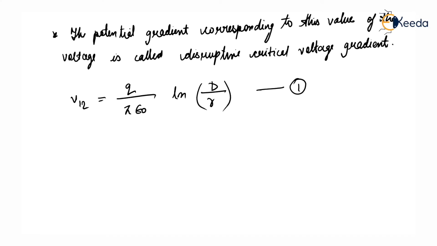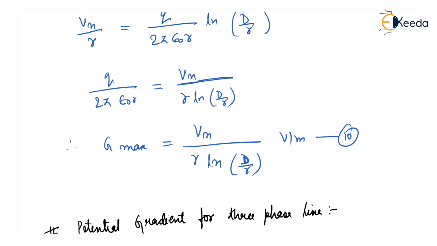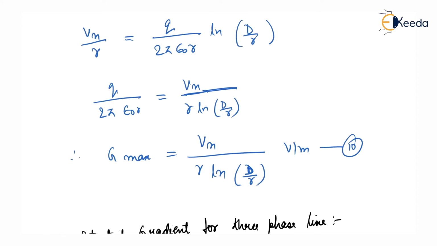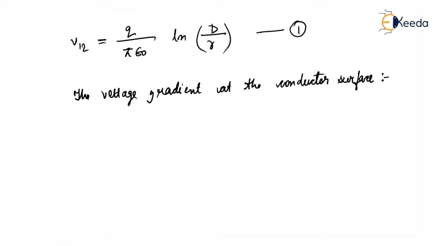So the voltage gradient at the conductor surface, g_r, is equal to g max, which is equal to Q upon 2 pi epsilon naught r.